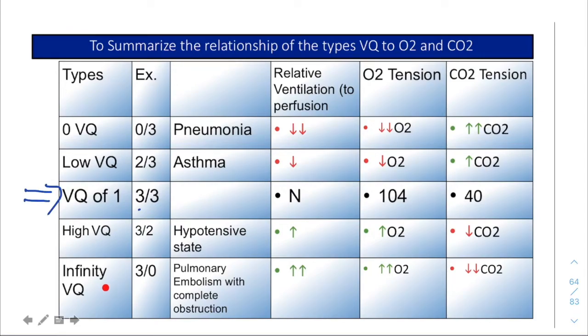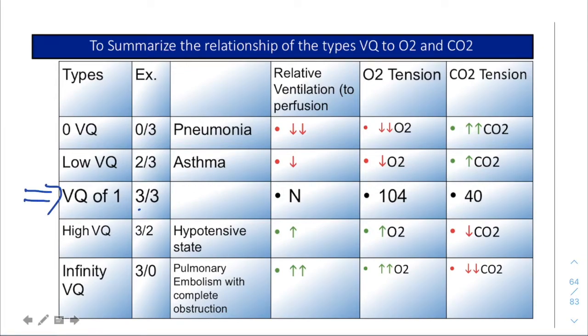In patients with a VQ of infinity, such as in pulmonary embolism with complete obstruction, you have an even higher relative ventilation to perfusion, a relatively higher oxygen tension, and a relatively lower CO2 tension.